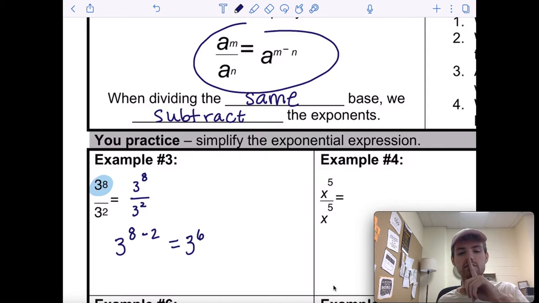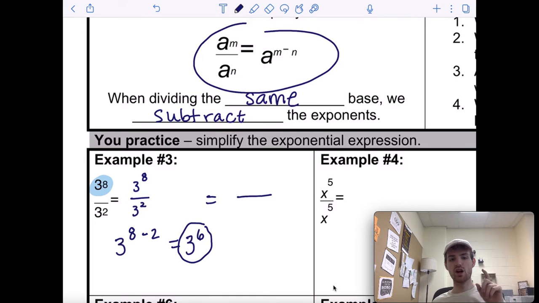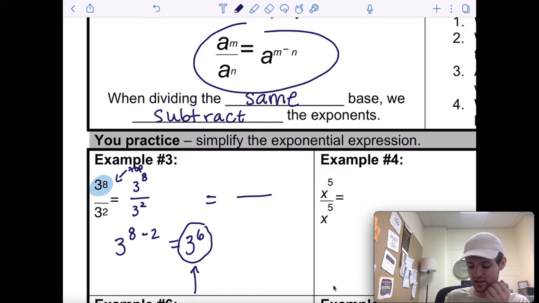My question, now that we've found our reduced simplified answer, are we going to put it in the numerator, or should we put it in the denominator? You put it wherever the bigger exponent was. So 3 to the 8th was in the top, so this answer, 3 to the 6th, goes to the top.